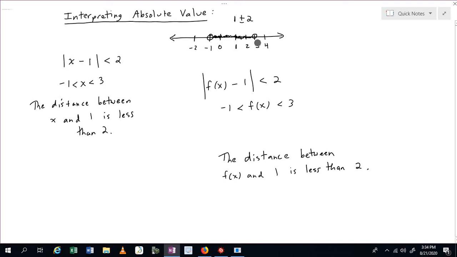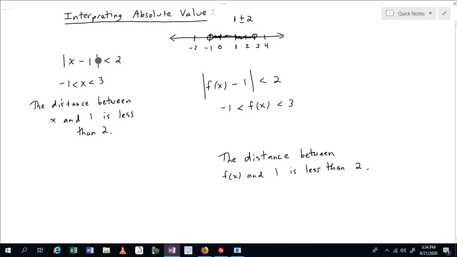So 1 plus 2 would push you up to the upper end of this interval at 3, and 1 minus 2 would push you down to the low end, negative 1. So you can think of this as centered at 1, with a tolerance of 2. So 1 plus or minus 2 will give you this interval.